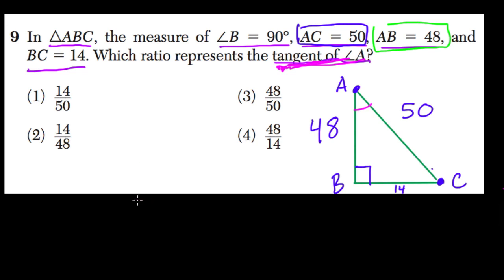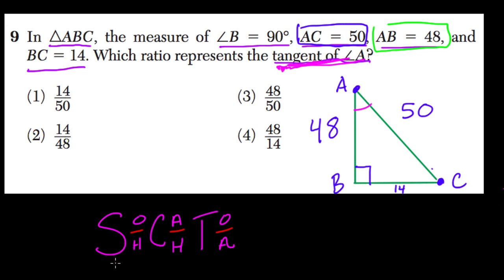I always use the acronym SOHCAHTOA, and I write it just like this. It helps you remember what the ratios actually mean. This is one of the few things in mathematics that I found useful to memorize, because once you have SOHCAHTOA memorized, these letters show me what the ratios will look like.